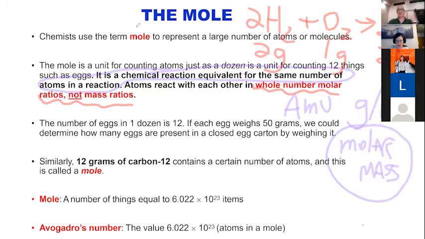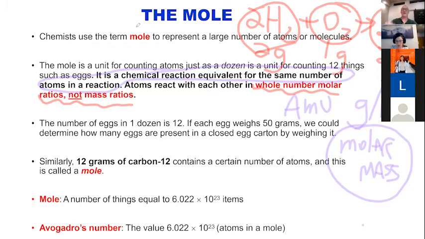That's not the case, because that's not how reactions take place. Reactions take place between atoms, not masses. And so we need to know what the moles are. 2 moles of hydrogen gas react with 1 mole of oxygen molecules and make 2 moles of water.